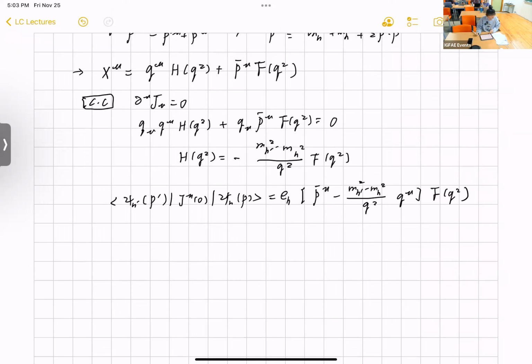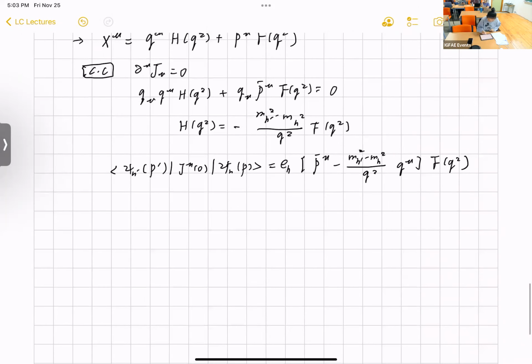Okay. So now we have found the Lorentz structure of this hadron matrix element for spin zero mesons. But there are more conditions that we need to check. For example, let's check the hermiticity.